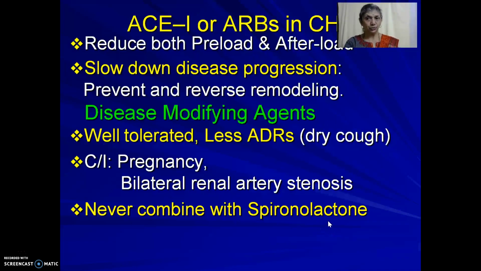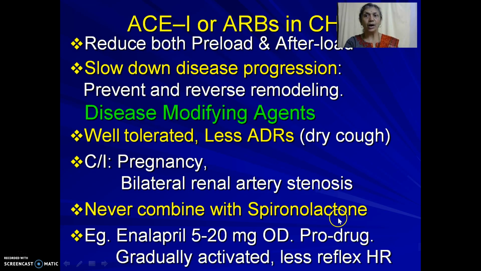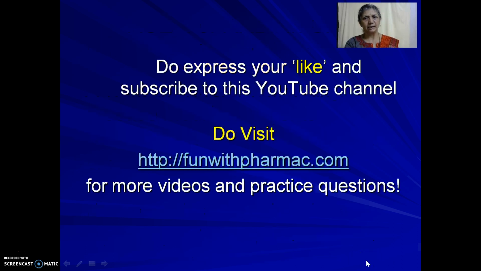So combined use of the two, though some reports recently say that the beneficial effects are increased, combined use of spironolactone with ACE inhibitors or ARBs can land the patient into hyperkalemia, which can be equally dangerous to the patient. And commonly used drugs are enalapril, lisinopril. Importantly, you must remember that the gradual onset of action of these agents is beneficial in terms of less reflex tachycardia.